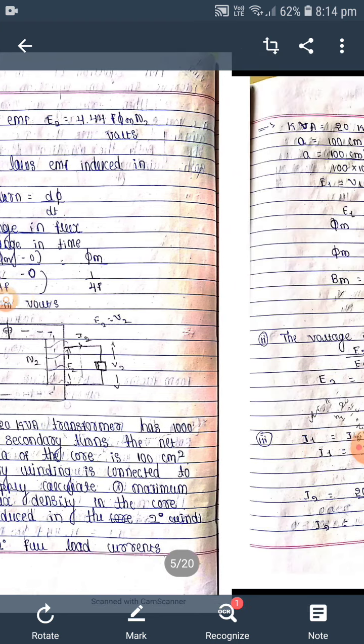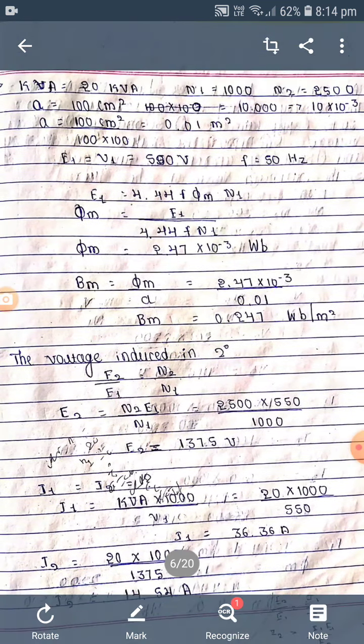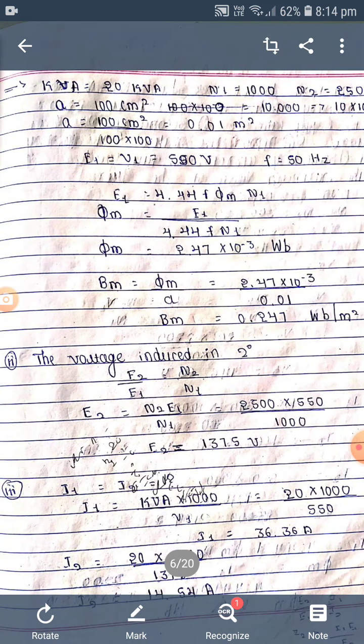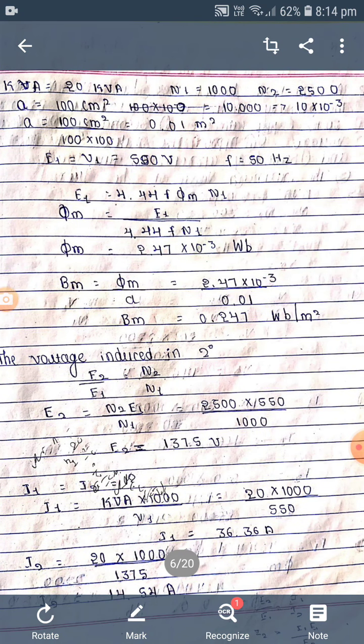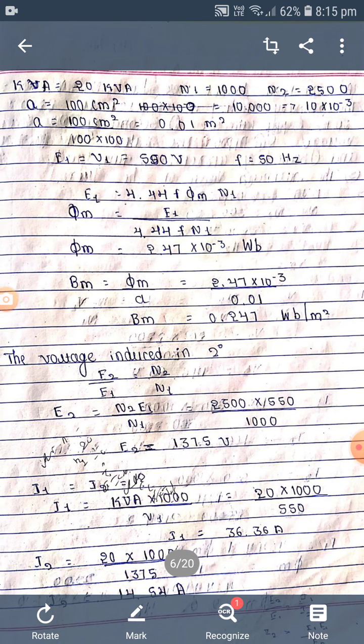Now how can we solve this? First, note down the given data. The capacity of the transformer is 20 kVA. The number of turns N1 is 1000, N2 is 2500. The cross sectional area A is equal to 100 cm square.